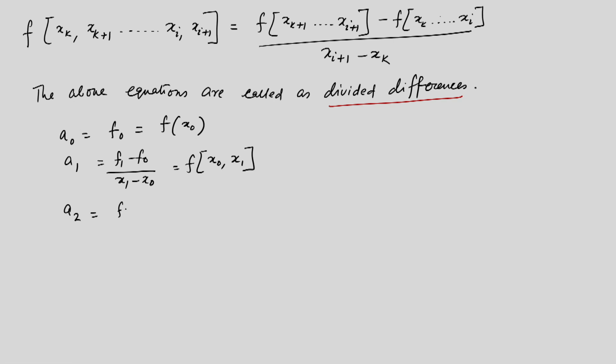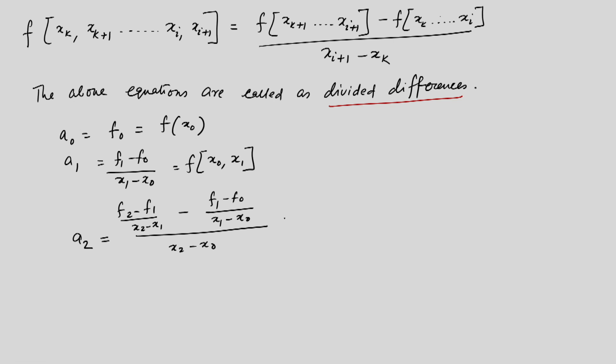Similarly, a 2 is f 2 minus f 1 divided by x 2 minus x 1, minus f 1 minus f 0 divided by x 1 minus x 0, all divided by x 2 minus x 0. So, let us again align to remove any confusion that you may have while working out.